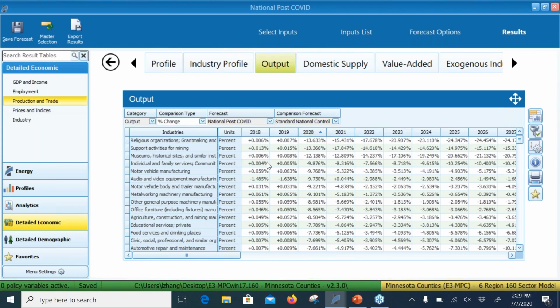So we can see that these are some of the industries that are more hard hit by COVID-19. So there's some manufacturing, we have food services and drinking places and so on. So this is kind of a first crack at looking at the impact of COVID-19.